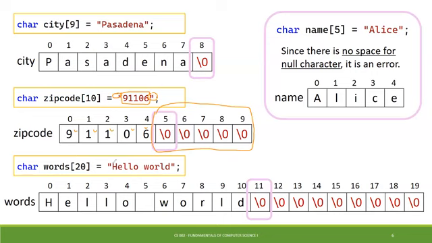Hello world has 11 letters, including the space. Then you need at least 12 spaces, including the null character. In this case, I have 20. It is enough, right? All the spaces at the end will be filled with null.